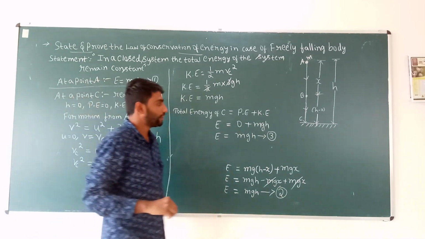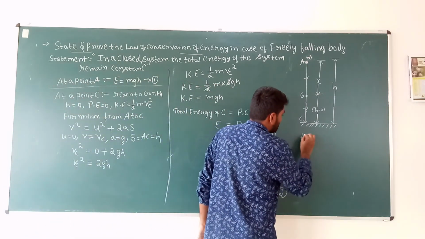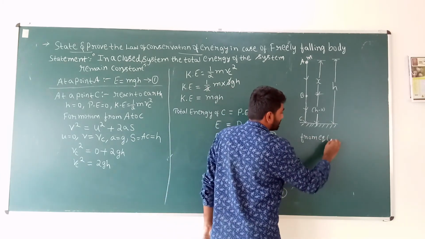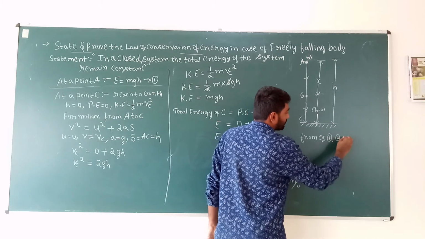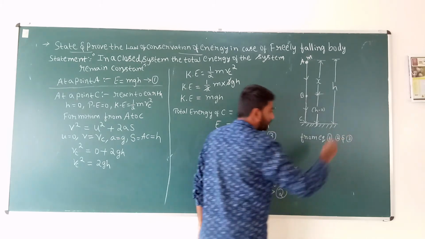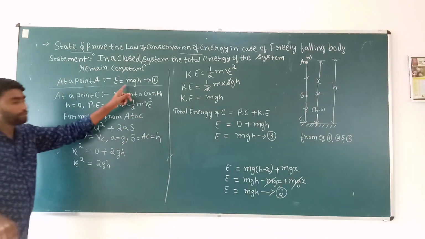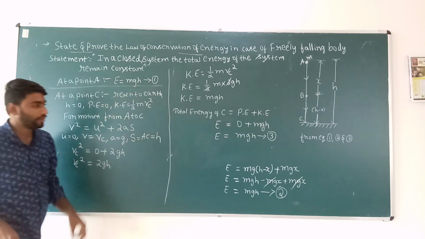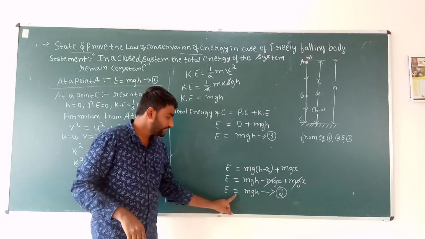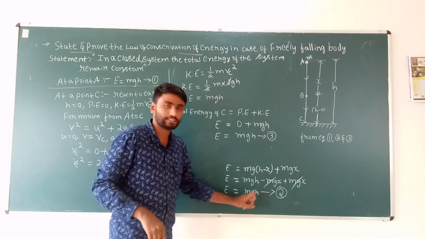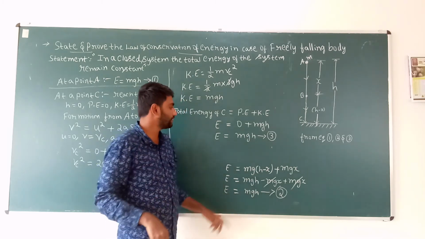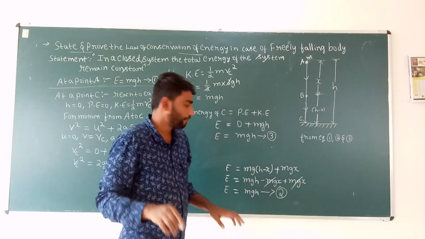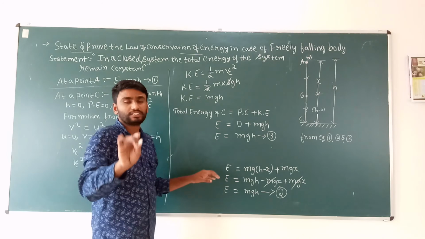Now from equation 1, equation 2 and equation 3: from equation 1, E equals mgh; equation 2, E equals mgh; equation 3, E equals mgh. So all three equations give the same thing.